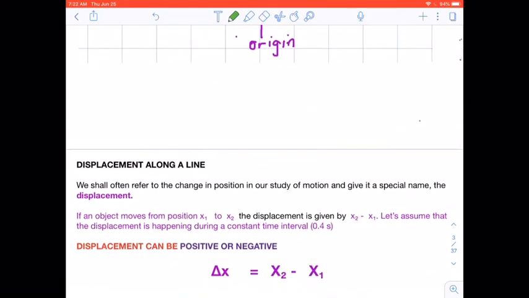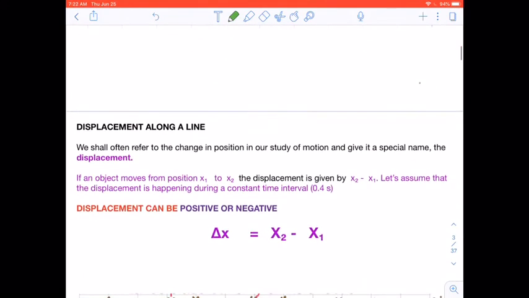Now, let's look at displacement along a line. So, what is displacement? Displacement is a change in position, and it's given a special name.